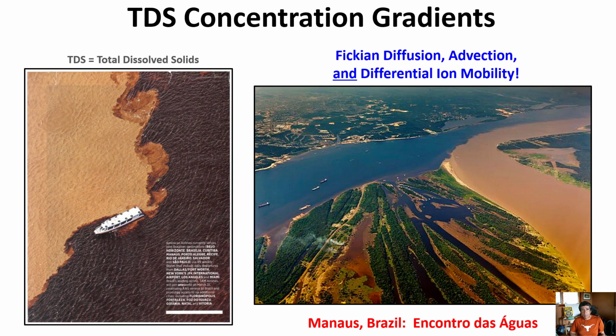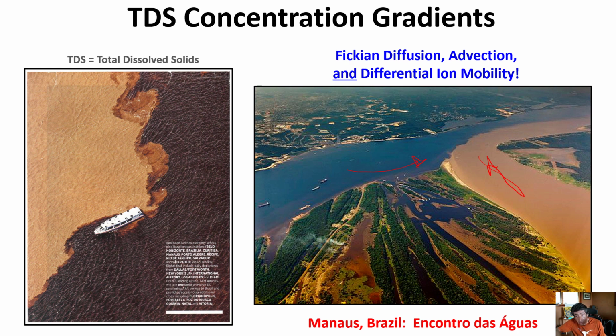Here's an example of why gradients in concentration are important. This is a picture of the Amazon River in Manaus, Brazil. This is where the Amazon River is formed by the confluence of two rivers. One is coming from Peru and the other one is coming from Brazil. But what you can see are the differences in color.